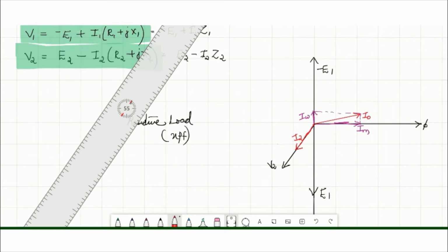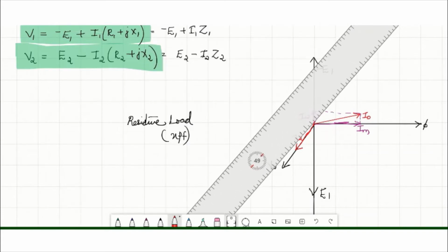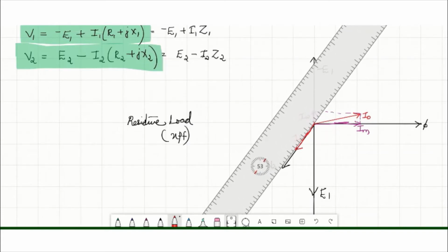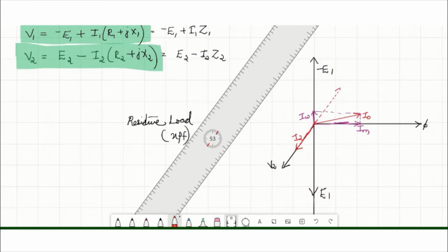Now we have to draw I2 dash. In order to get I2 dash, extend I2 to the negative side. Then we will get I2 dash. Now we know that the resultant of I0 and I2 dash is the primary current I1. So now we have to draw the resultant of this I0 and I2 dash.